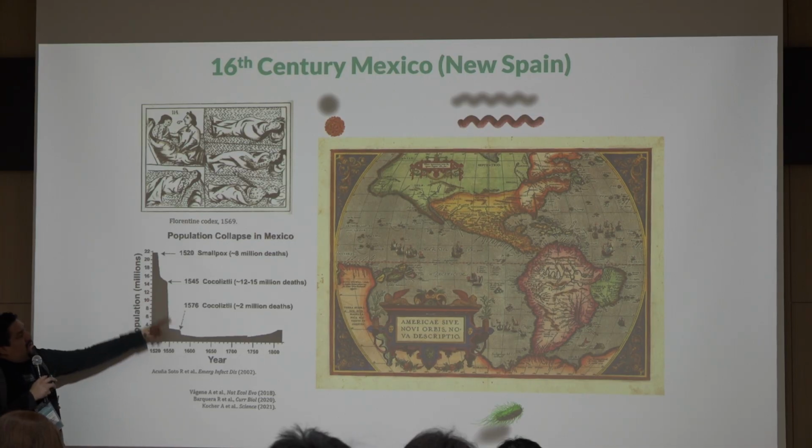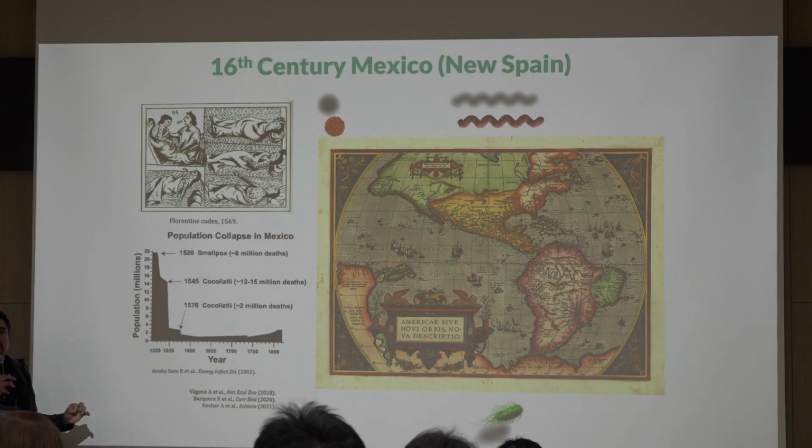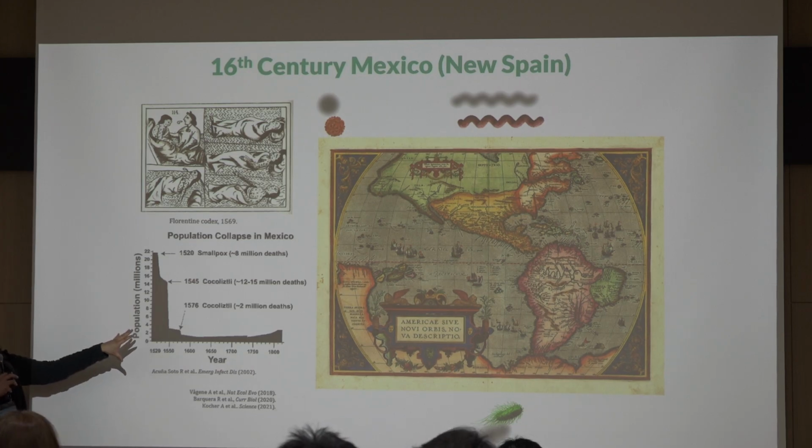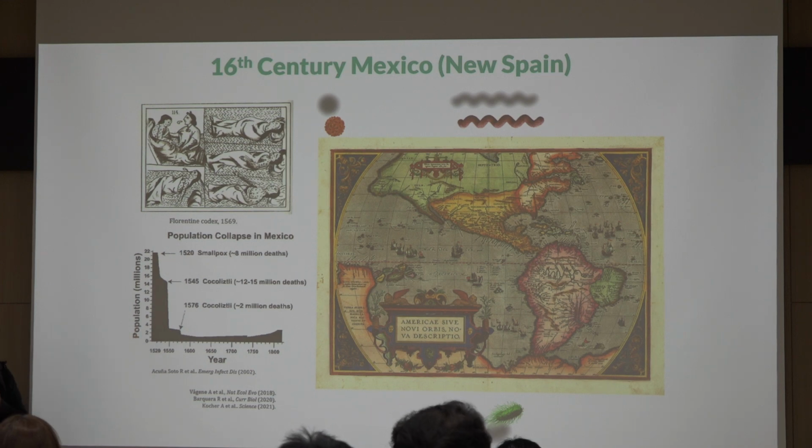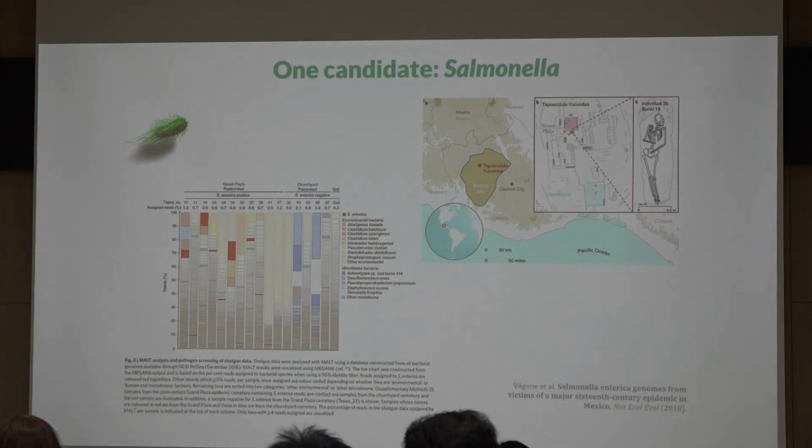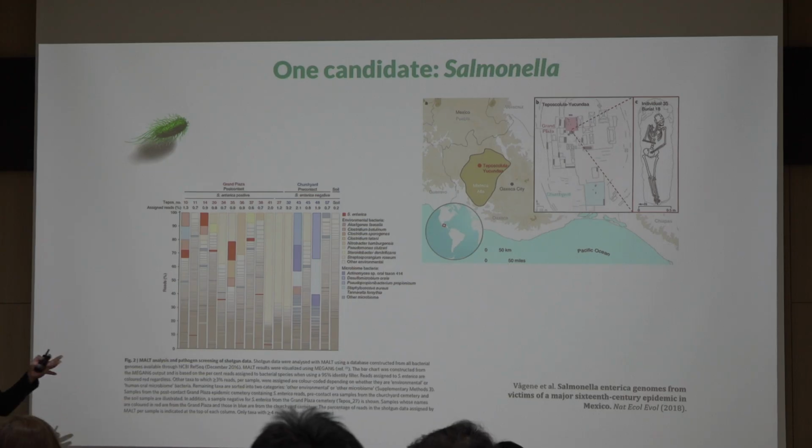But there were two other very serious events that no one could explain until this moment, because all the symptoms are very difficult to put together in one specific disease, and no one knew what it was. Neither the proto-medic for the Spanish crown nor the Mexica themselves knew.